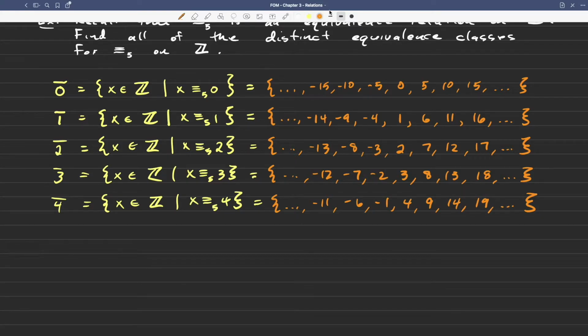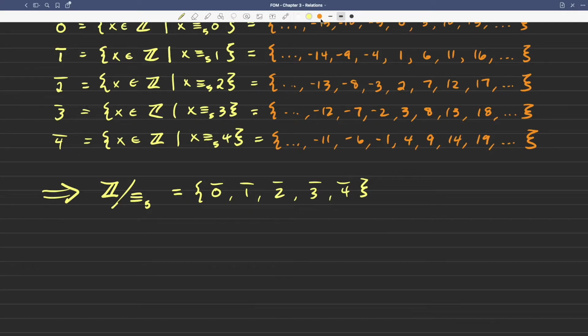So at this point, we have discovered that Z mod equivalence, Z mod congruence modulo 5, this quotient is the set 0 bar, 1 bar, 2 bar, 3 bar, and 4 bar. In fact, the common notation, this particular quotient space is really important.